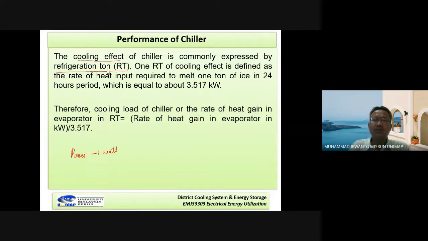Now, what is the meaning of refrigeration ton? One RT of cooling effect is defined as the rate of heat input required to melt 1 ton of ice in a 24 hour period.